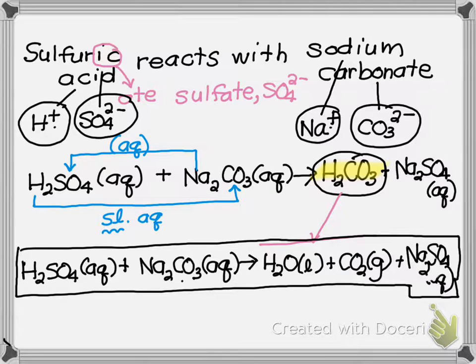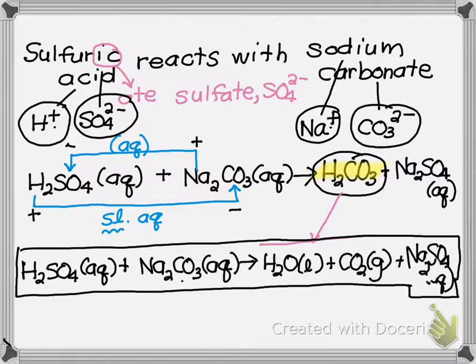That's Na2SO4. So the main point here is that double replacement will always have switching of the partners, where the positive ion from the first substance will interact with the negative one, and then the positive ion from the second substance interacts with the negative one of the first one.